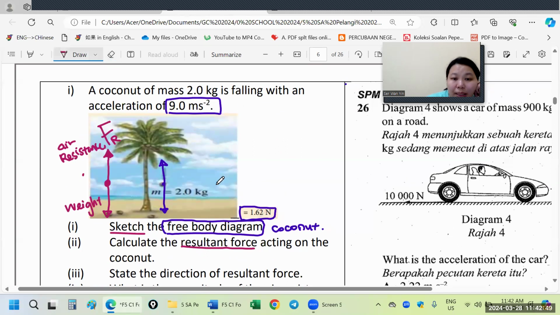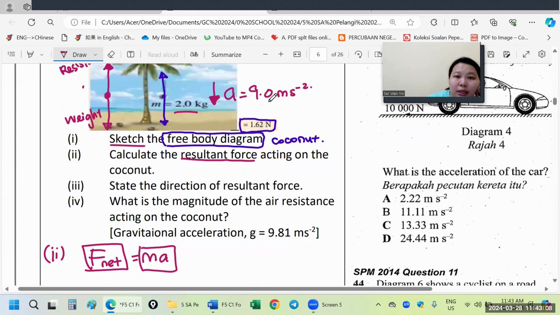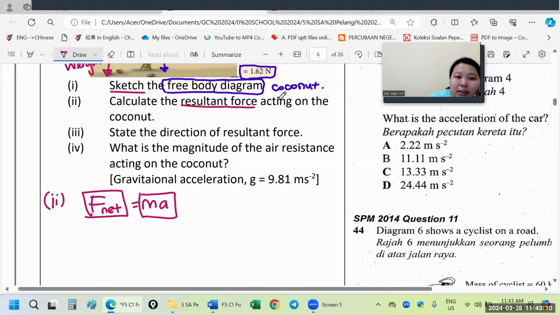Oh, one more, please write an arrow here, acceleration 9. We always add one arrow for ourselves to check where the motion is. Since we got M and we got A, no need left-hand side, we get 2 times 9 and net force is 18 Newton lah.